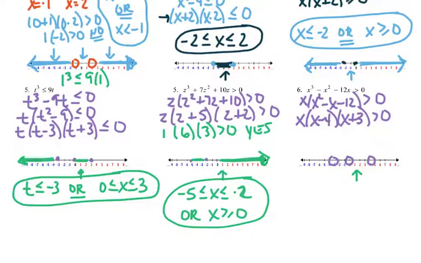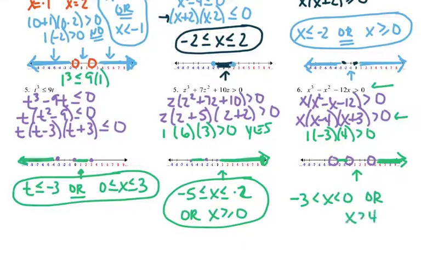I can test it in either the factored form or the original form. I'm going to do it in the factored form this time. 1 times -3 times 4, is that positive? No. So that means that chunk doesn't work, but every other chunk will. So if I want to represent that answer, it's -3 is less than x is less than 0, or x is greater than 4.